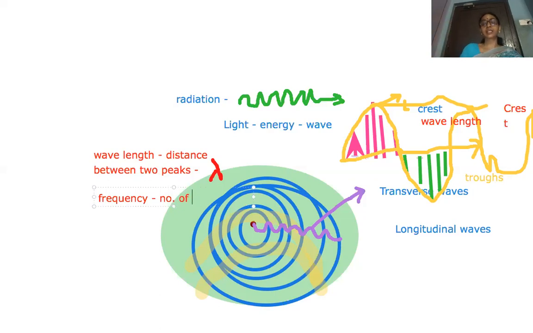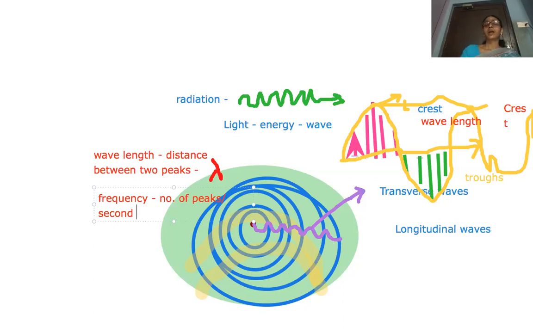So the number of peaks per second, that is per time, crossing some place is called frequency. So 5 peaks means 5 peaks per second. 2 peaks means 2 peaks per second.